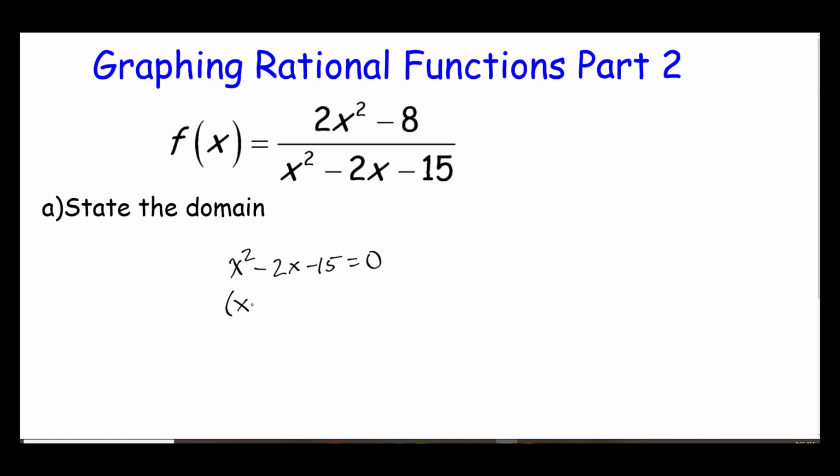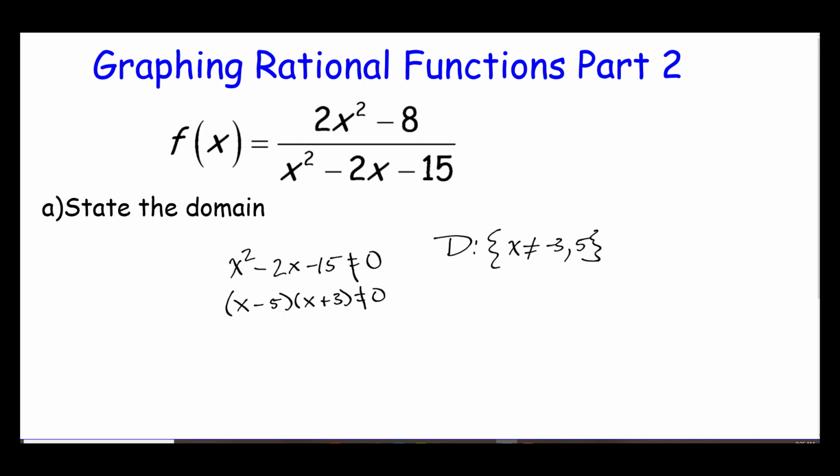So this is x minus 5 times x plus 3 not equal to 0. Don't forget, not equal to 0 for your domains. So that means our domain is x not equal to negative 3 or 5. Okay, that's going to be our domain. Now later on this might also be asymptotes, but we'll take a look at that as we get there.